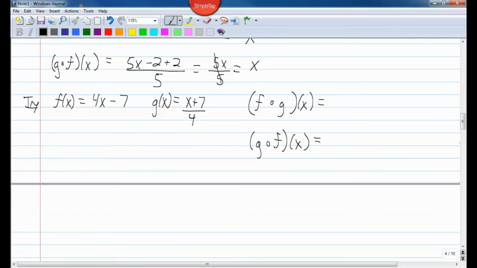So here's the way that I always remember which way I need to go. I look at the second letter. That stands for the second function, g, and you plug it into the first function in the composition. So I'm going to take g and I'm going to plug it into f right there.